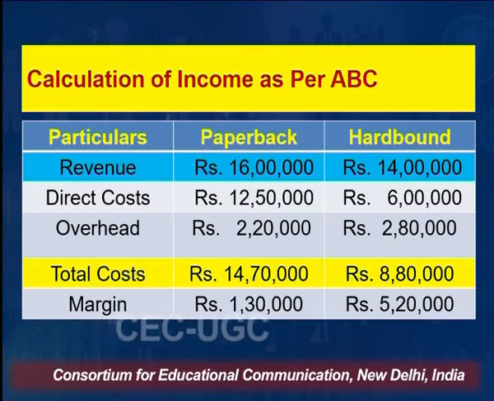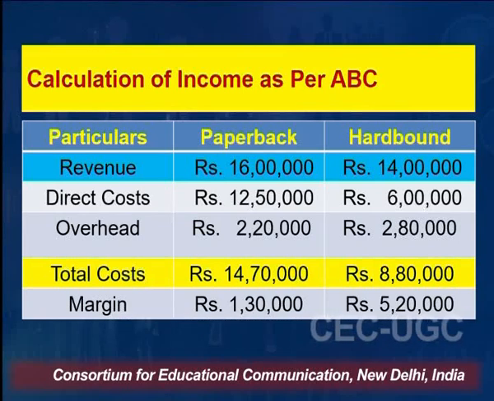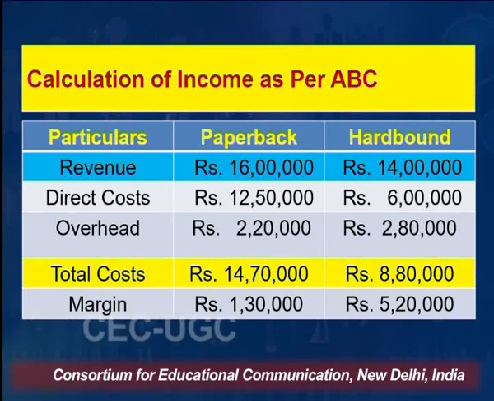So my dear learner, now if you remember, this is what I was discussing at the very outset, that sometimes the misrepresentation or miscalculation or misallocation of cost may result in a wrong decision. What you assume on the basis of quantified logic, when you were allocating it on the basis of the traditional cost driver, that is machine hour, you were thinking that you are taking a right decision. The publisher was taking what seemed a right decision, that paperback is causing me a loss of 75,000, so why continue with that?